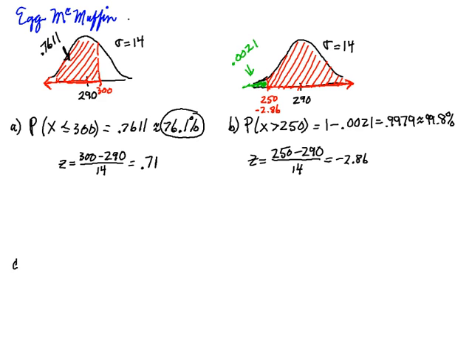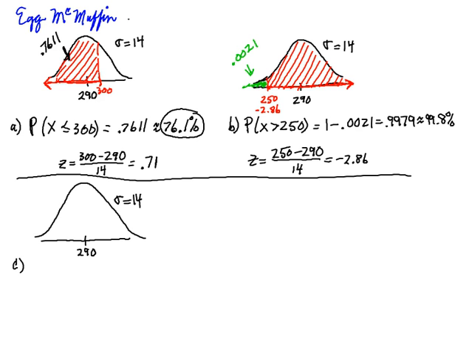Okay, for part C. Part C says between 275 and 310. Between 275 and 310. So let me go ahead and draw it again. 290 in the middle. Standard deviation of 14. And the probability that x is between 275 and 310.